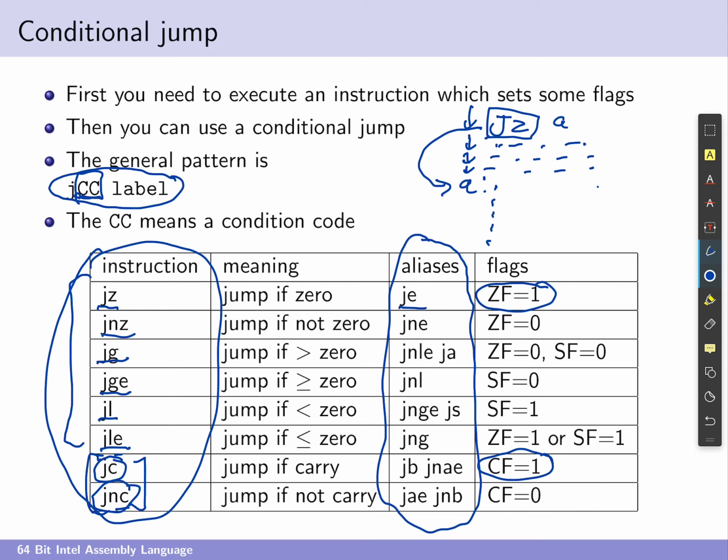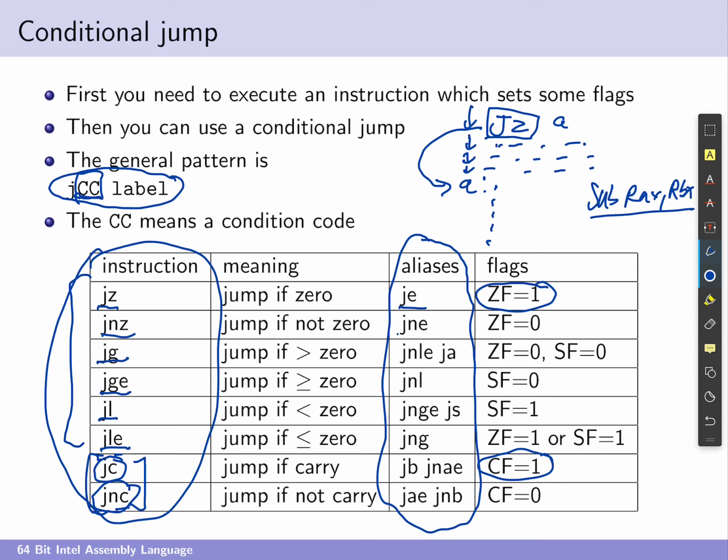Now, the way you can interpret the aliases is a little bit similar. You see here for JZ, we have JE, which is for jump if equal. That's because in general you have some kind of operation before. You might have something like subtract RAX, RBX. If I perform the subtraction, then if they were equal, the result would have been 0.